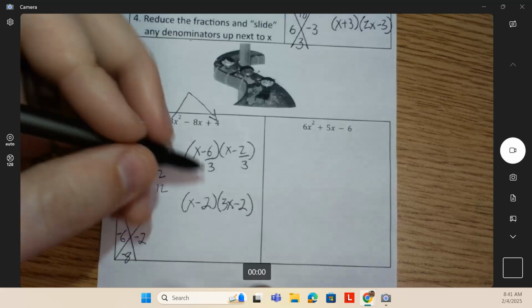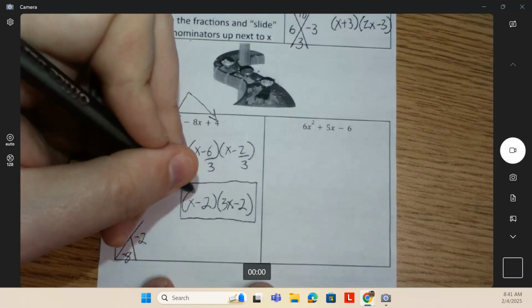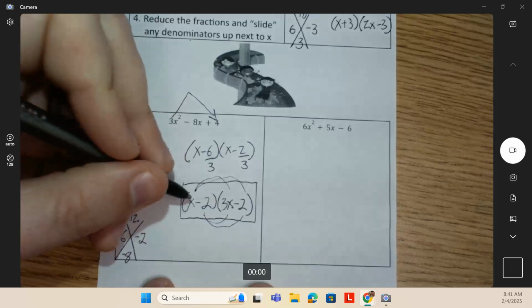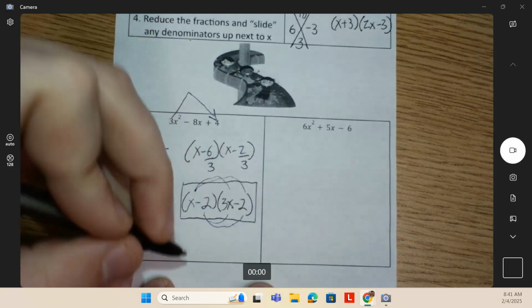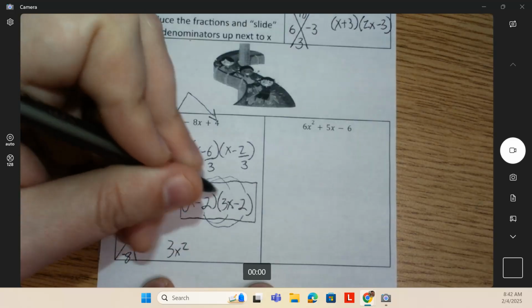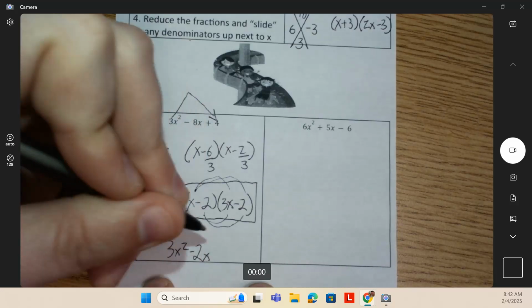Let's check that real quick to make sure. So if I do my FOIL method, x times 3x would give me 3x squared. x times negative 2 would give me a negative 2x.